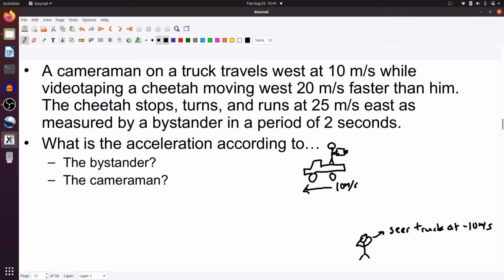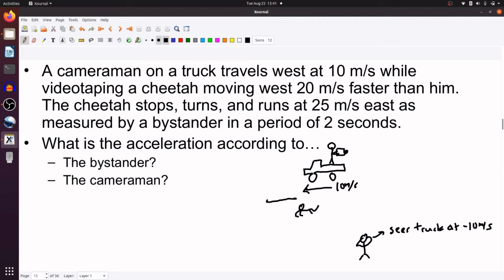The cameraman is videotaping a cheetah moving west 20 meters a second faster than him. So, we have a cheetah, and his camera's pointing in the wrong direction, and I'm aware of that. Yeah, that's not really a cheetah, I'm fully aware. Close enough.